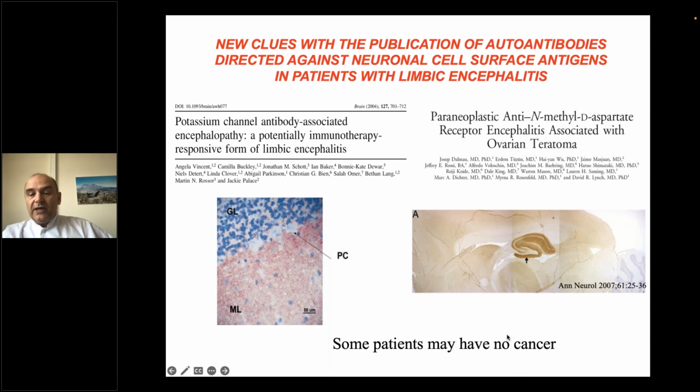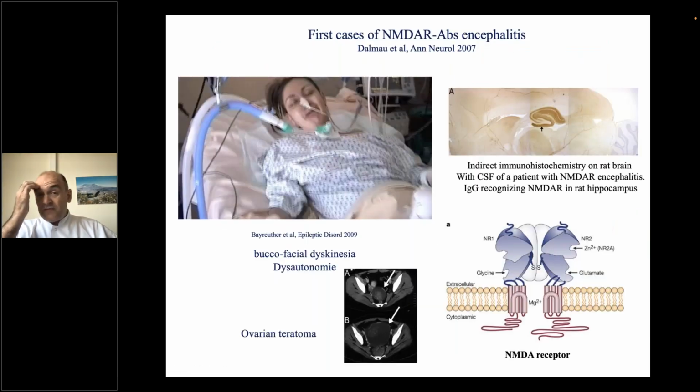So we moved beyond paraneoplastic syndromes to describe idiopathic cases of autoimmune reaction against the central nervous system. This description of NMDA receptor encephalitis by Joseph Dalmau was very important.